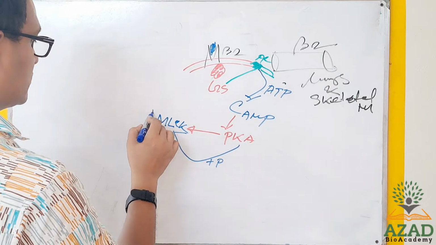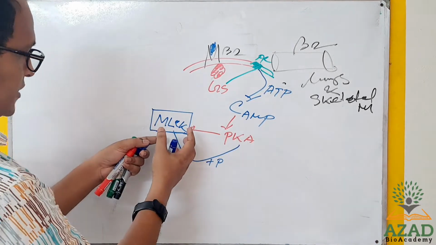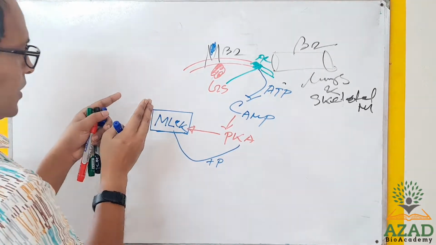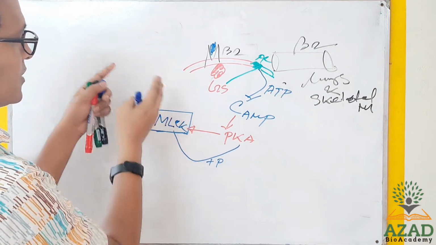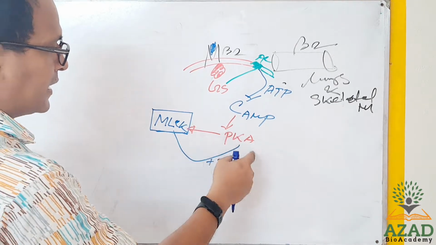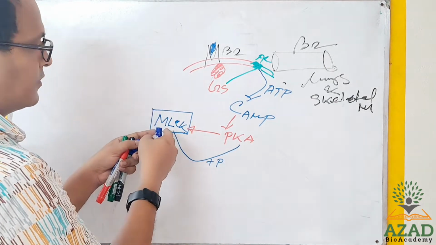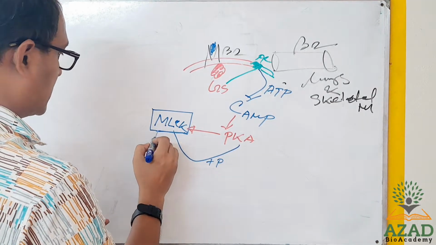Then actually it will be inhibited. Its function will be inhibited by the phosphorylation. That means free myosin light chain kinase is ready to phosphorylate the myosin, but PKA will phosphorylate the myosin light chain kinase. That means it will be phosphorylated.